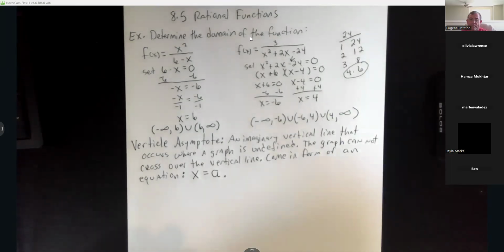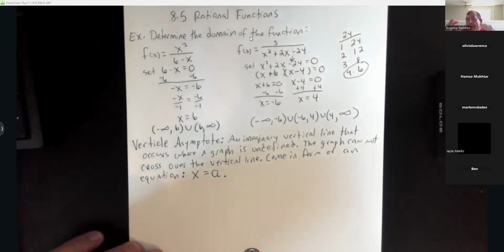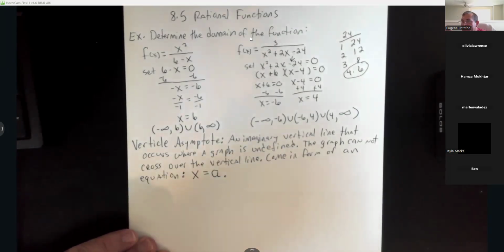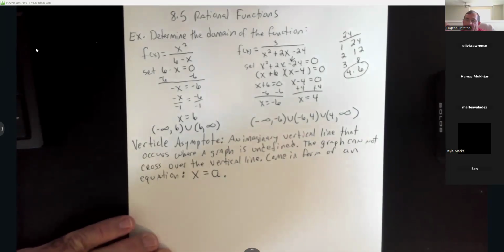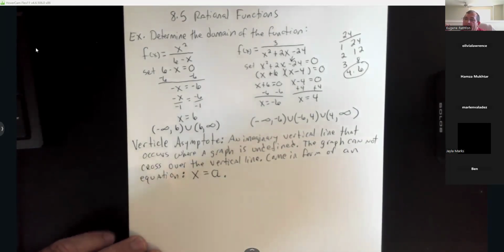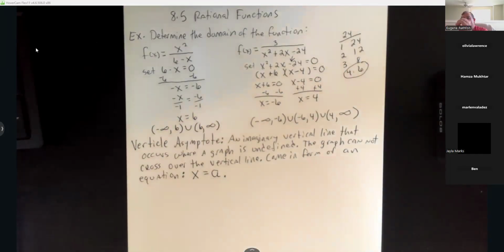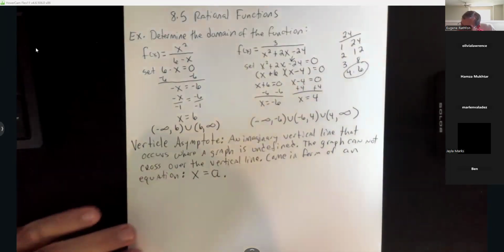Okay? Now, here's the thing about a vertical asymptote. A vertical asymptote can be canceled by a factor on the top. And if that happens, it creates a hole in the graph. Instead of a vertical asymptote, it just makes a hole in the graph, okay?